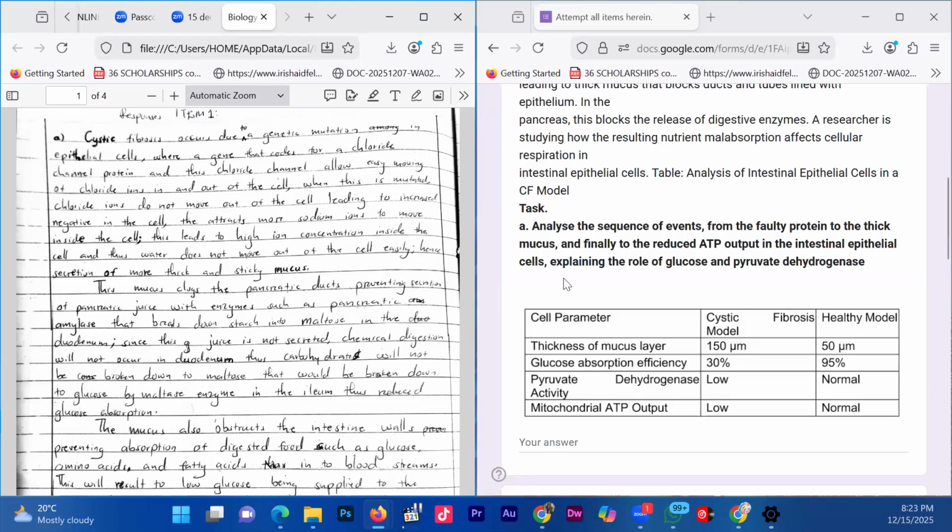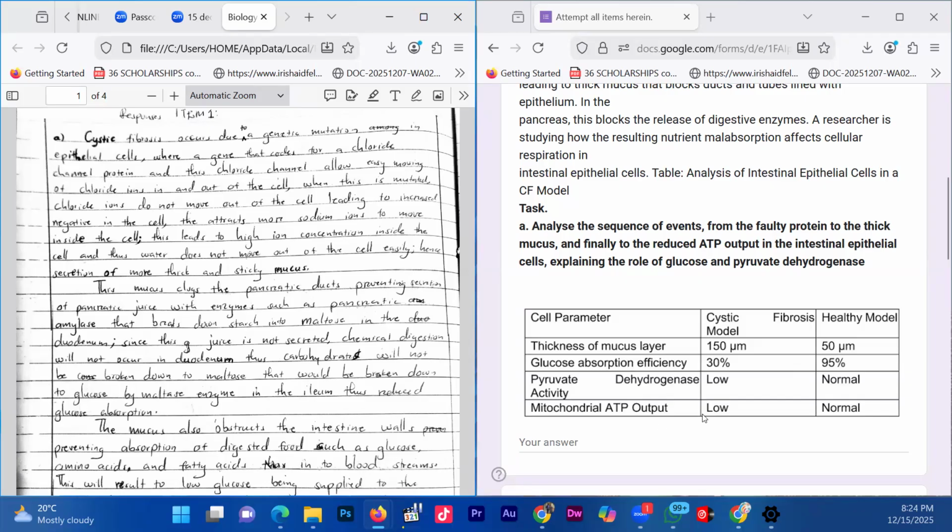Okay, so here we have the thick mucus layer. The CF model is thicker than that of the healthy model. Glucose absorption efficiency: the healthy model has a higher efficiency than the CF model. The pyruvate dehydrogenase activity is very low in CF, but normal in the healthy model.